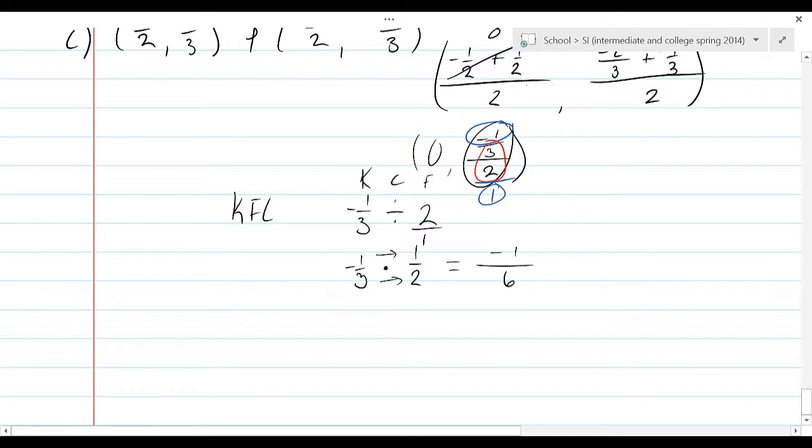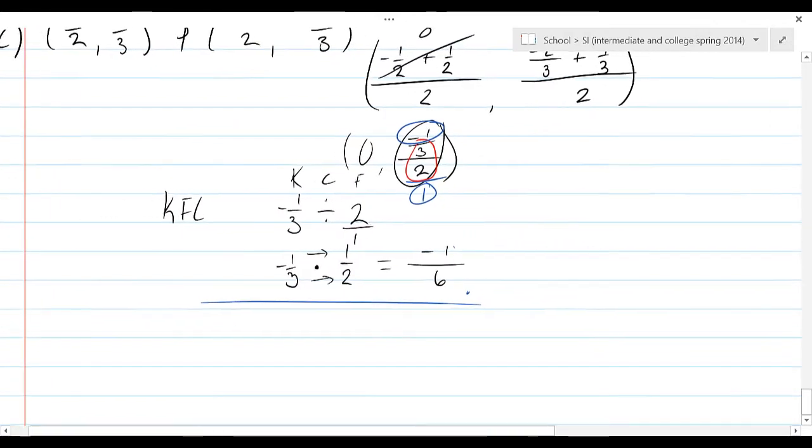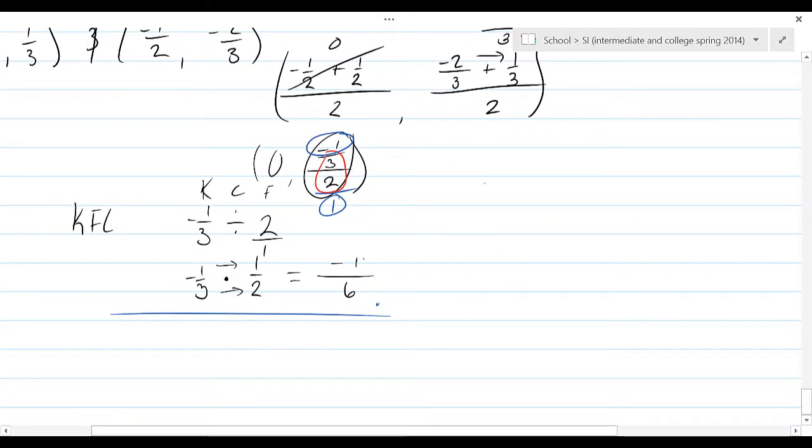If you do that, you'll get negative 1. Done. 3 times 2, well, that's 6. Voila. Whichever one works best for you. If you're still learning, I'd probably advise the KFC method. So our midpoint would wind up being 0, comma, negative 1 over 6.